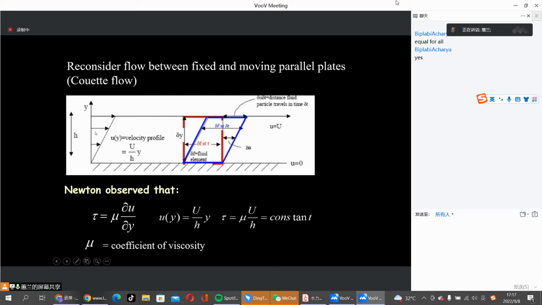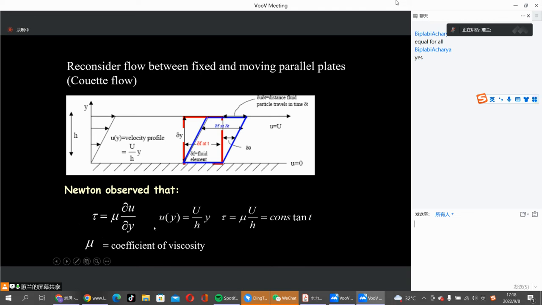That means the velocity does not change with x. Okay, so this is a very famous law from Newton, and we just give it directly.